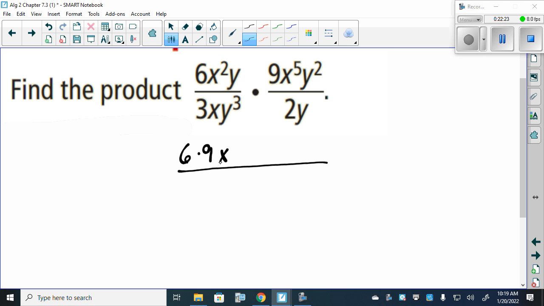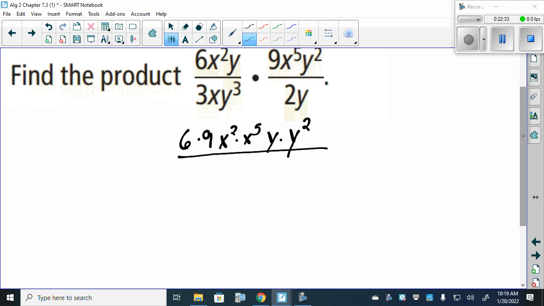And then we would have x squared times x to the 5th and y times y squared. And then on bottom, we're going to have 3 times 2. Well, we only have an x, and then we have y cubed times 1.